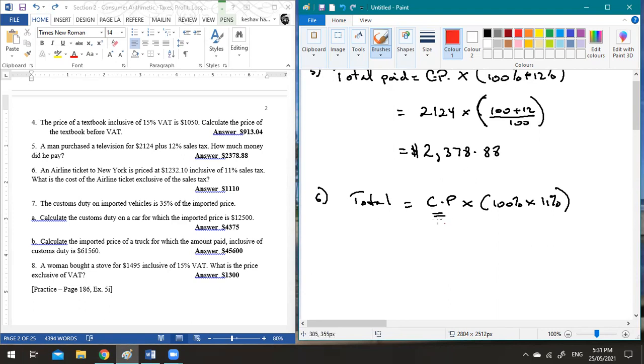So just like before, we're going to divide by the brackets, 100%, or we could know that 100 plus 11 is 111%. So this bracket, we cancel this to give us the cost price.